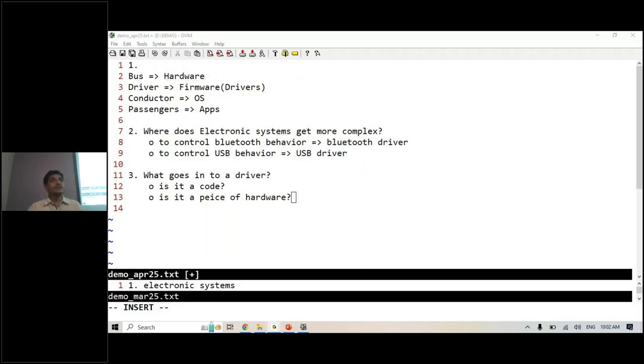Now let's go a little deeper into driver code. What exactly goes into a driver? Why are we discussing this? You may be thinking we are talking about VLSI, so why are we going into embedded systems? The idea is to get the top level picture, because I don't want your knowledge to be limited to just verification.